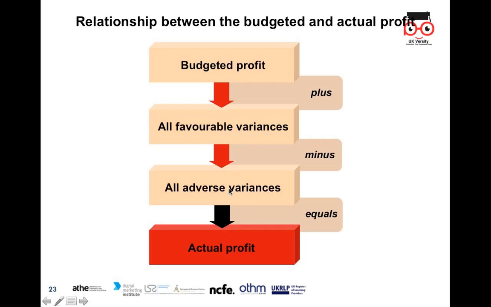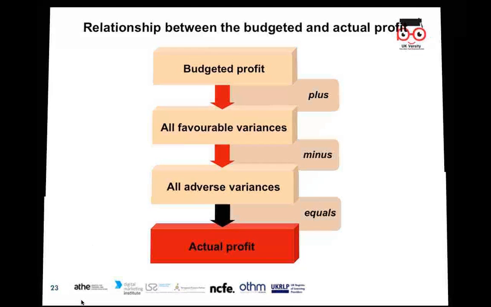If it is decreased, that's adverse variance. So profit, sales, income, and overheads and other costs could be favorable or adverse. All favorable variance would be added to the profit, and all adverse variance will be deducted. That will give us the actual profit.